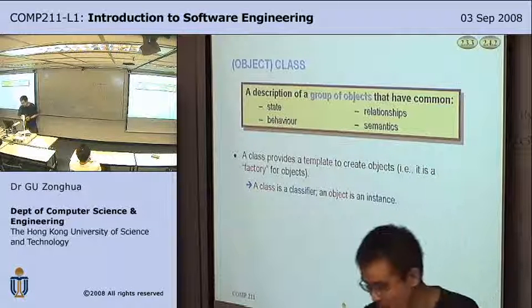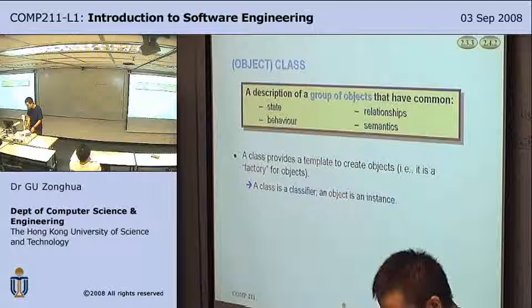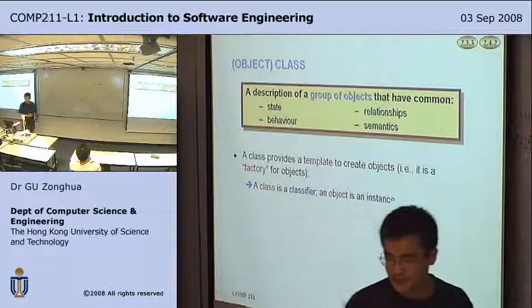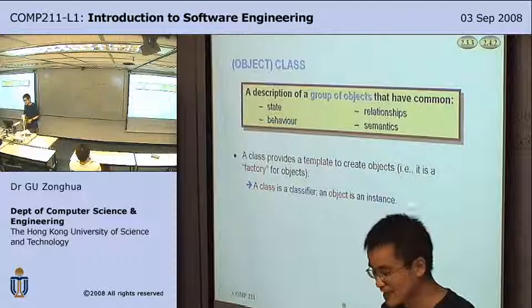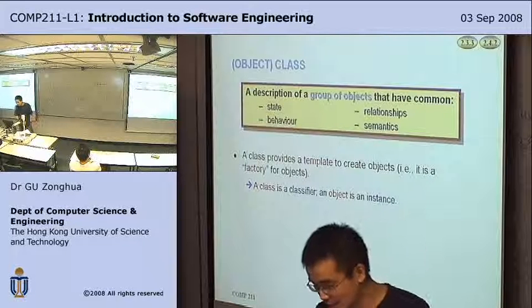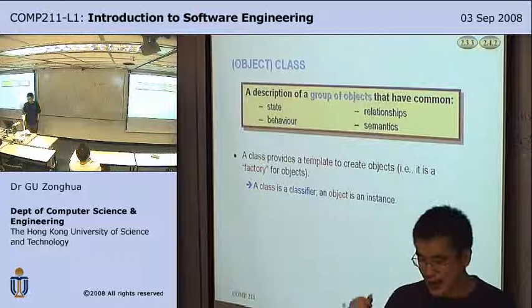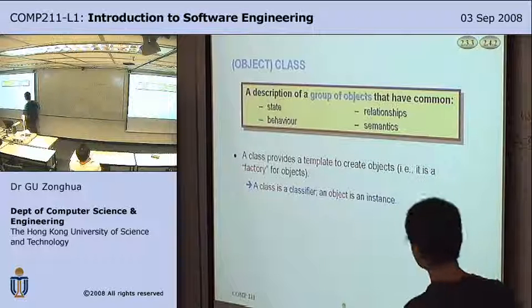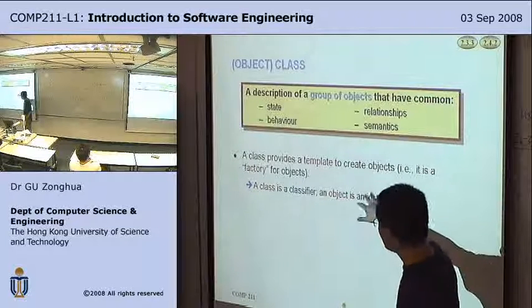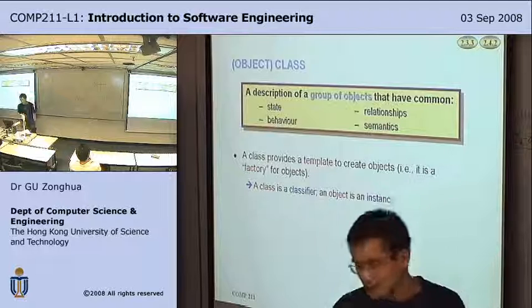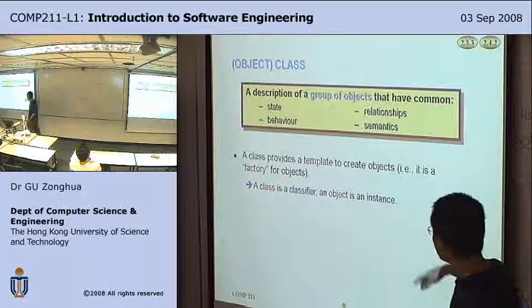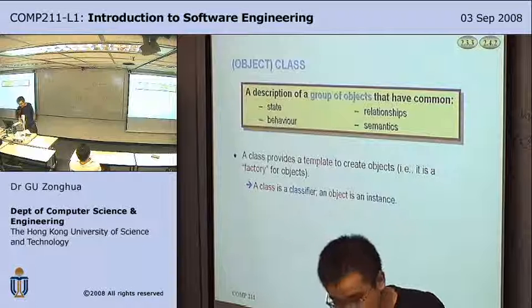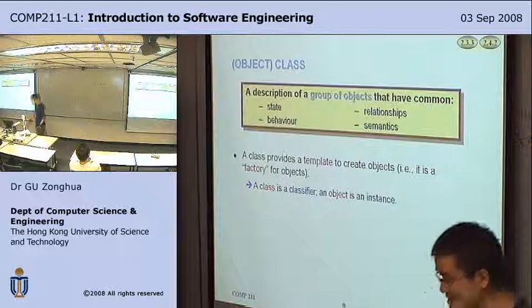A class provides a template to create objects, like a factory for objects. It's like a stamp, right? You have one chop, and you can stamp out many stamps. So it's a template. Any object created from the template is an object of the class with the identical behavior, relationships, semantics, and all that. So a class is a classifier, and an object is an instance.